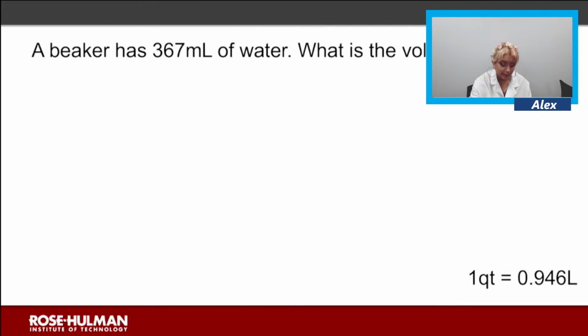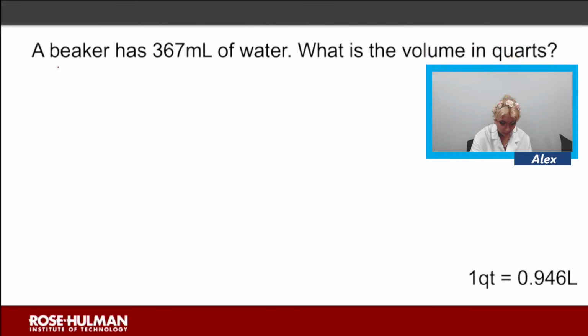So in your science classes, you may have learned that 1 liter is equal to 1 times 10 to the third milliliters. So basically 1,000 milliliters is equal to 1 liter.